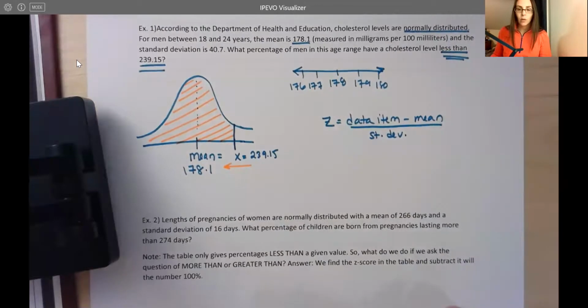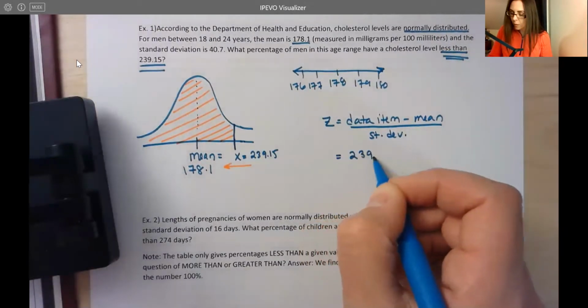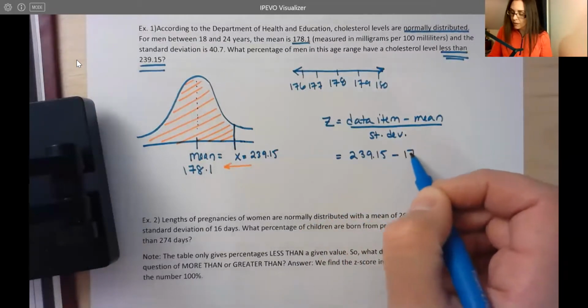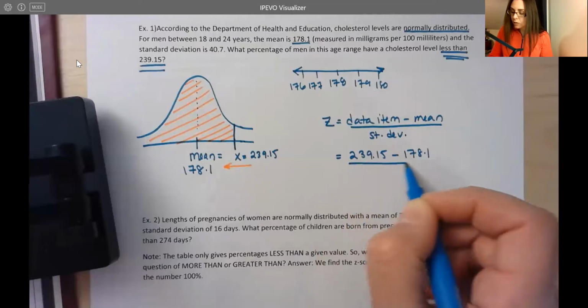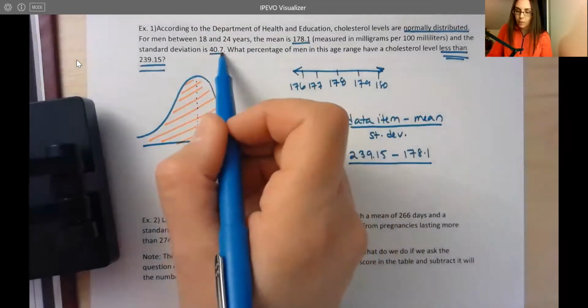So to find the z-score, you're going to take your data item. So here our data item is 239.15. You're going to subtract the mean, which is 178.1. And you do need to divide it by the standard deviation, which we're told is 40.7.